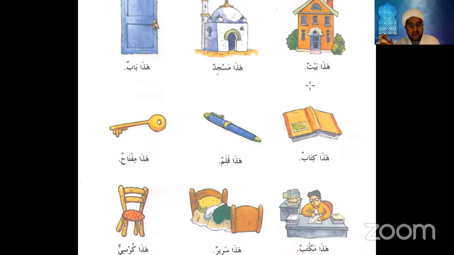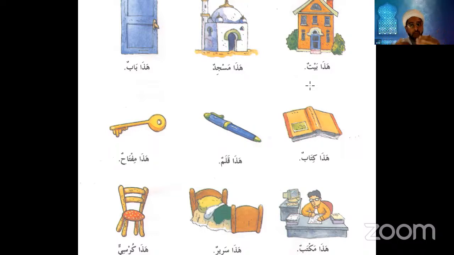And when a noun starts a sentence, in English we call it the subject. The noun which comes after that, which gives the information about the noun which has started, in Arabic we call it khabar, and in English we call it predicate, as it says in the handouts which I've sent you. So hadha is the subject, and baytun is the predicate.